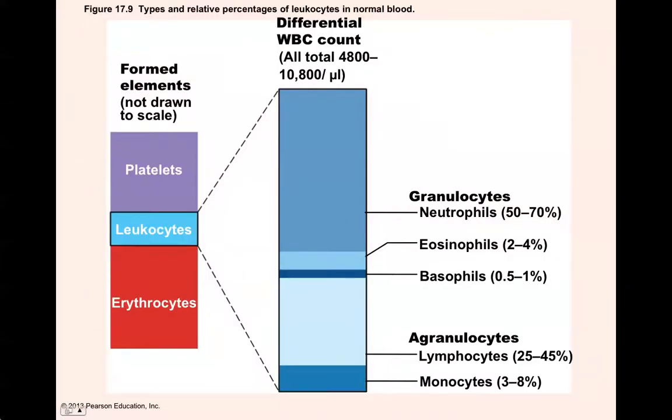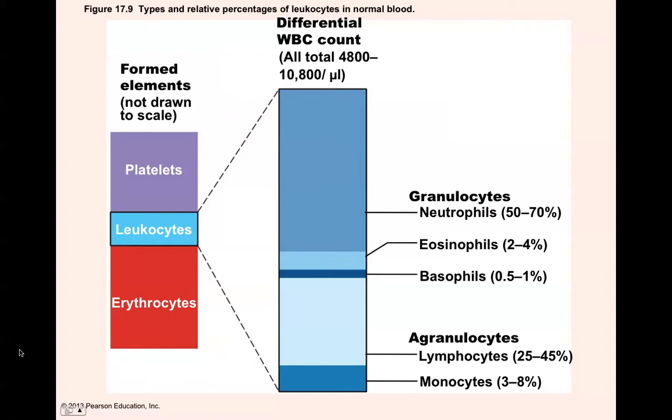And here is a visual representation of that. Here are your formed elements: erythrocytes, leukocytes, or white blood cells, and platelets. When we say someone is having a CBC, that's a complete blood count. When you hear in the medical field CBC with diff, that's referring to a complete blood count with differential.